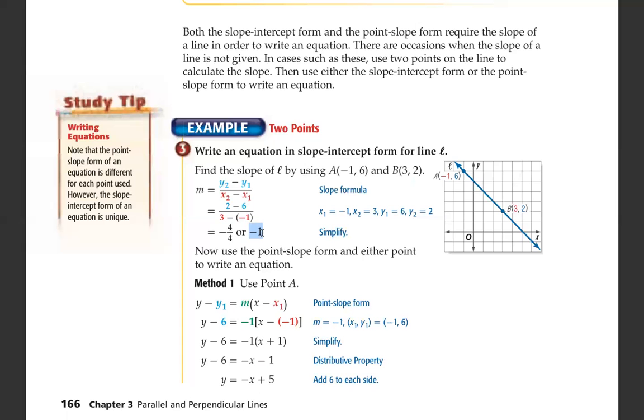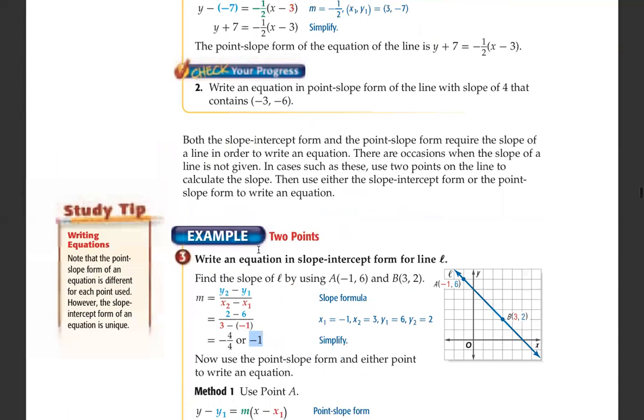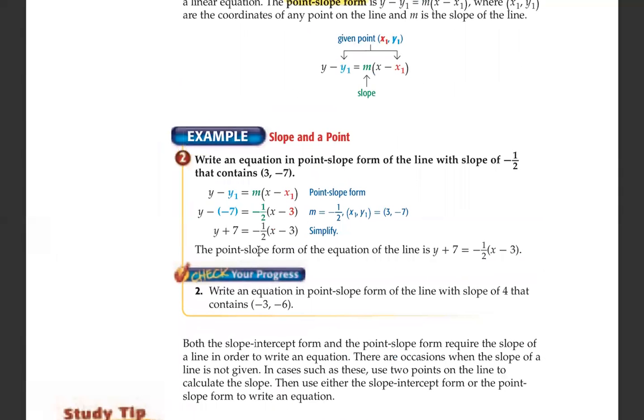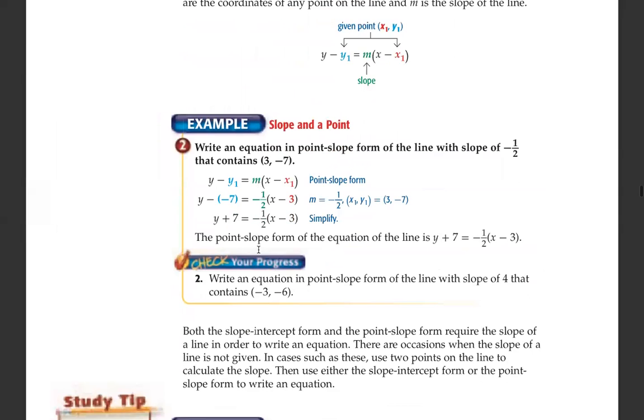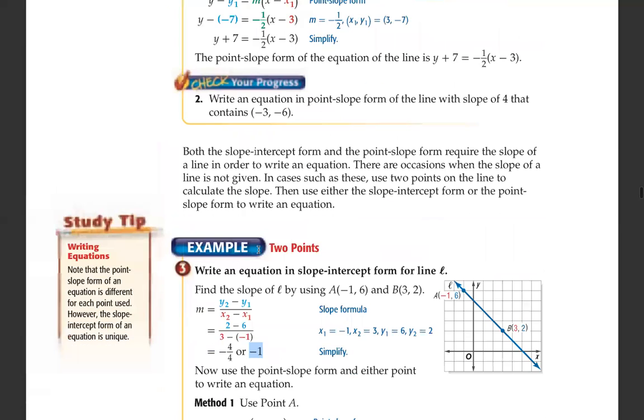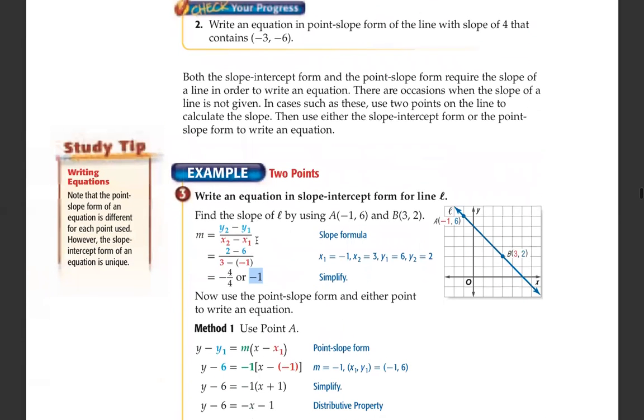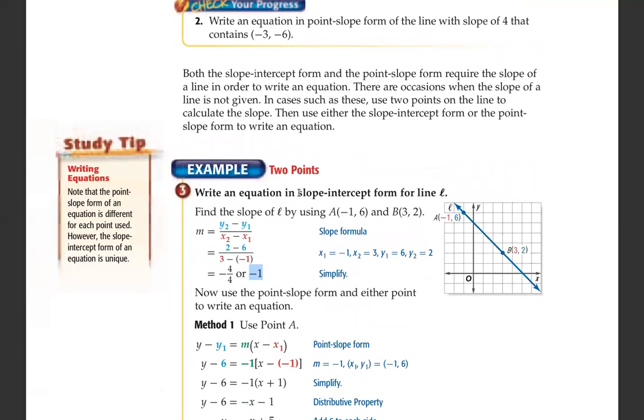Now, since we already have a slope, we can now go to point-slope form to start writing the equation of the line. But take note that it is asking for an equation in slope-intercept form.